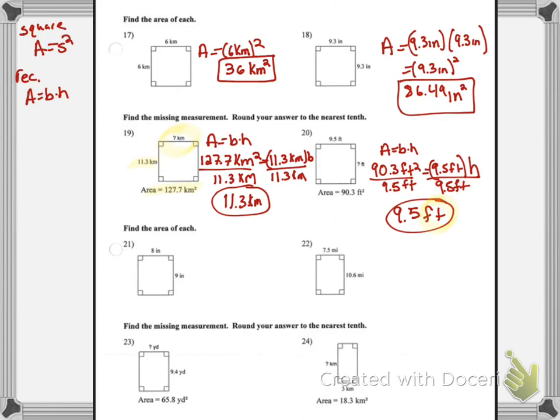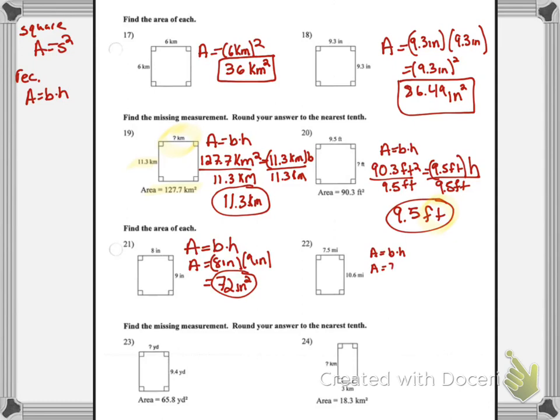Now we want to find the area of each of these. You see now that the side lengths are different, so this is going to be a rectangle. So area equals base times height. Area is going to equal 8 inches times 9 inches. 8 times 9 is 72 inches squared. Over here, we will again have area equals base times height.